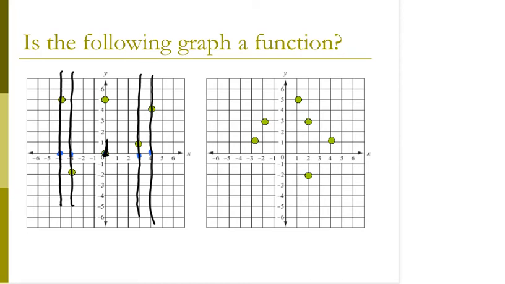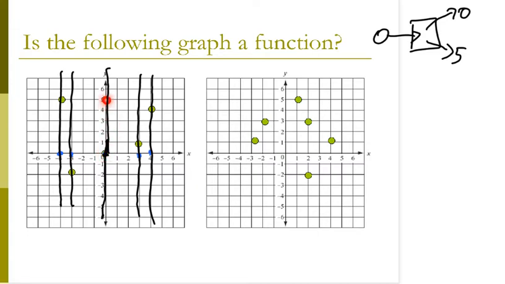In other words, 0 would be input, and then we might get back 0, or we might get back 5. So in other words, we input 0, we get back 0, or we can input 0 and get back 5. So this is not a function. It fails the vertical line test, so it's not a function.